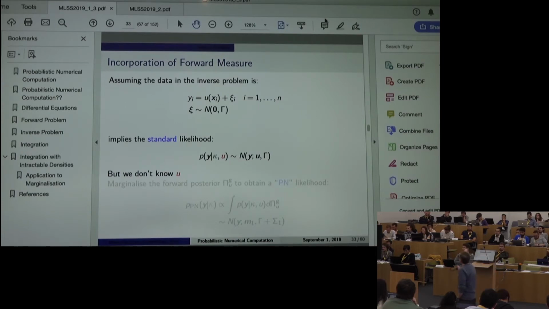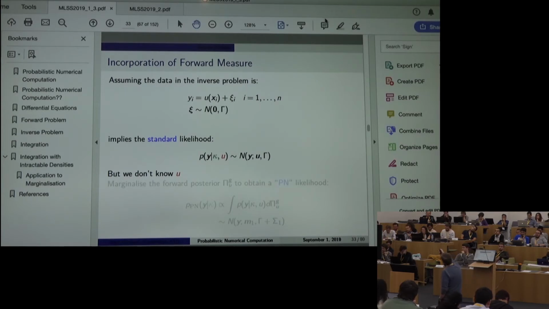So in the standard way, you would just assume that U is not a random variable and therefore does not have any uncertainty associated with it. In this case here, of course, we have a full distribution over the value of U. So it's a random object.